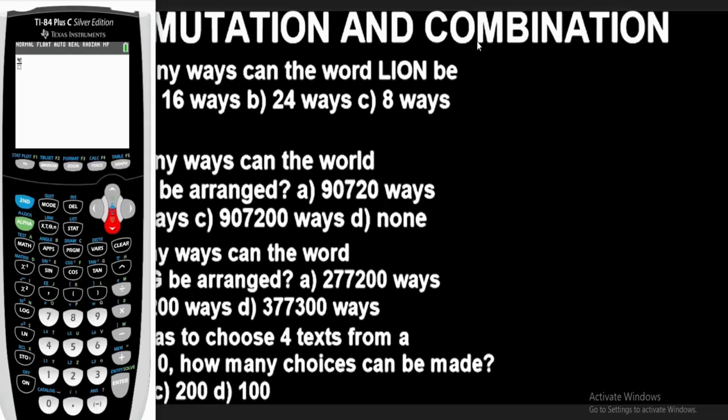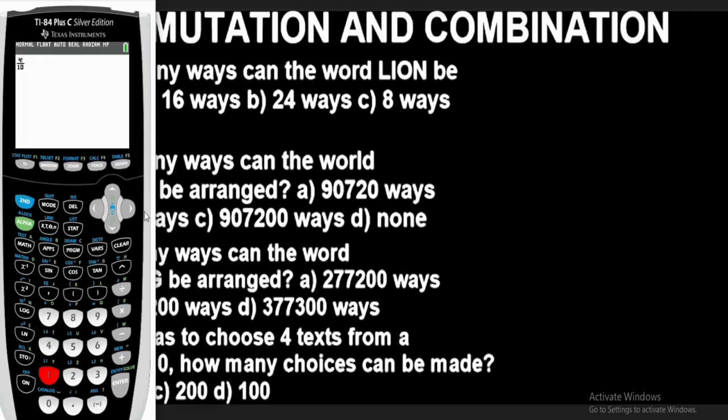We are not having 2 O's or 2 N's or 2 L's; each letter is distinct. So it's going to be over 1 factorial, because each letter is appearing once.